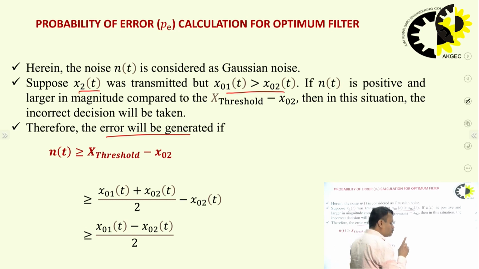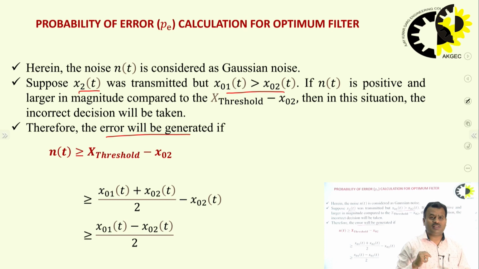We are transmitting x2(t), but as per our assumption we consider that we are getting the signal corresponding to x1(t). So it is the wrong assumption. It means we are getting an incorrect decision. So error will be there.